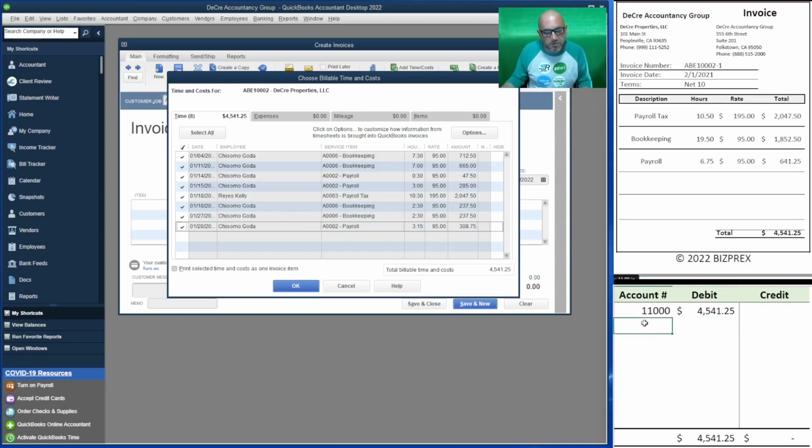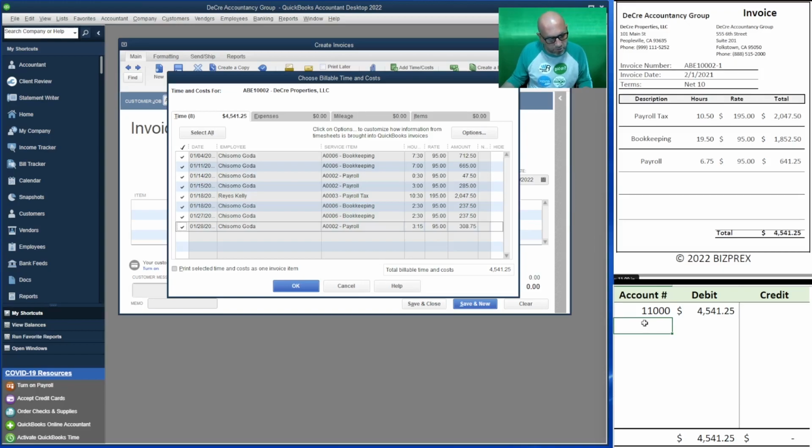What else will go up? Well, the other things that will go up are our income accounts, our revenue, our accounting services, bookkeeping services, depending on how it was linked. So here we have bookkeeping, we have payroll income. Let me just look it up.